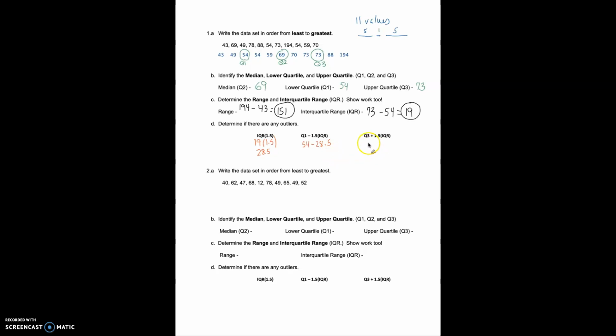And then I'm going to take Q3, my upper quartile, and add that 28.5 to it. So I get 25.5 on my calculator. And here I get 101.5.